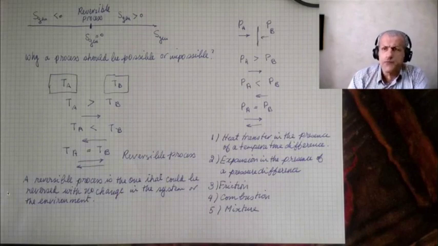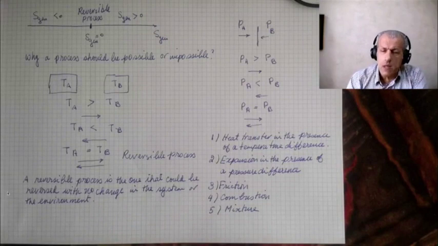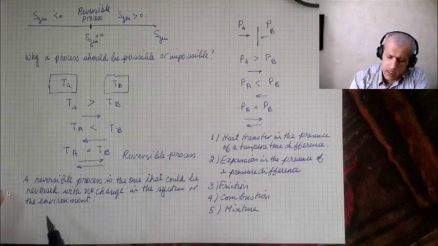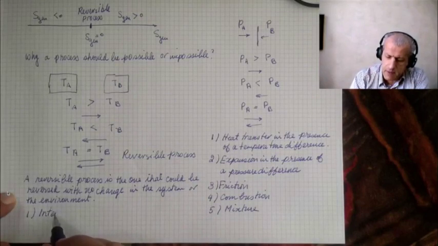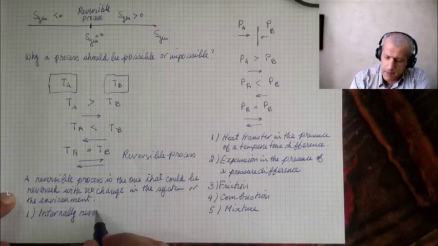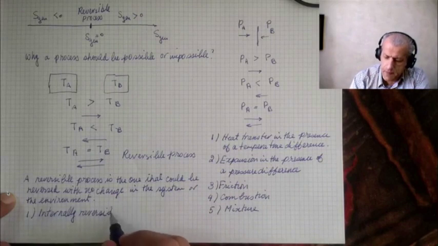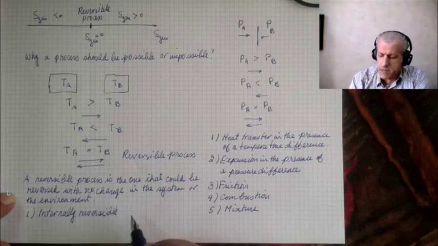There are 2 processes, as far as I have seen and experienced, which are reversible and can take place. First one is a process which is internally reversible, and that is the process of boiling.